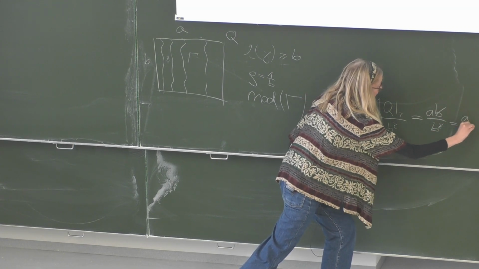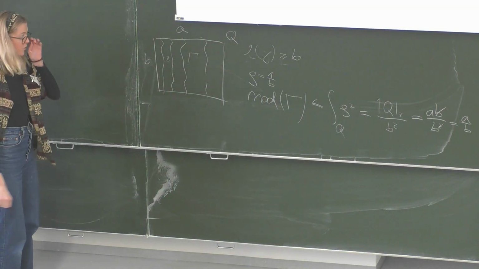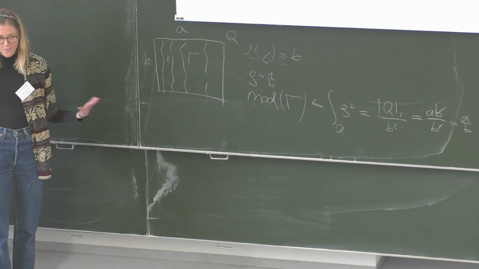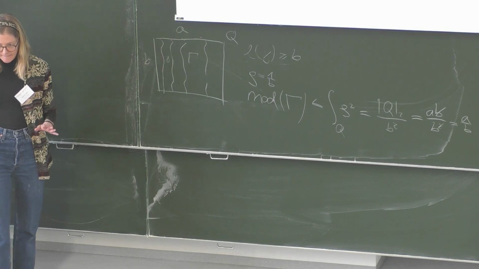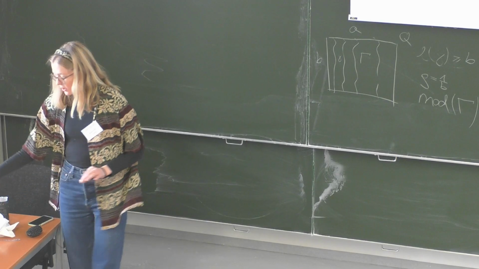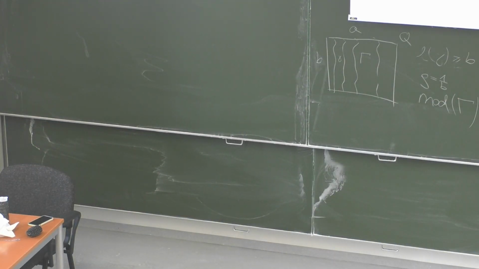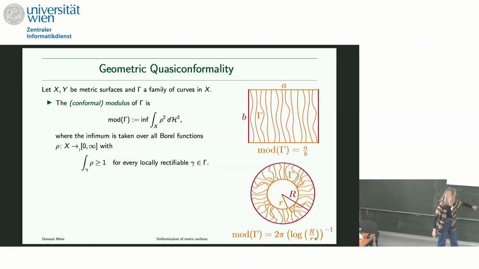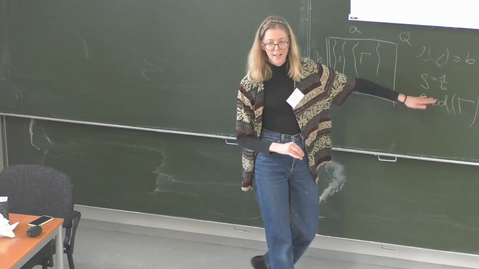So it's A divided by B. That's an example of what this modulus wants to measure. I'm just saying it's a less-than-or-equal here, but by taking the straight lines and doing a Fubini type of argument, you can show that it has to be equal.